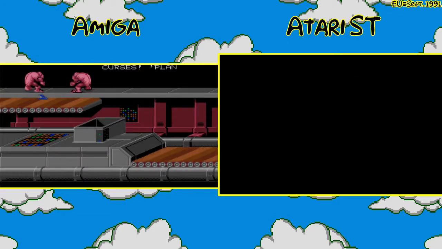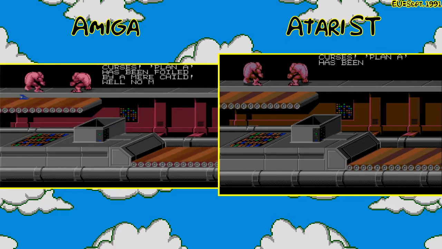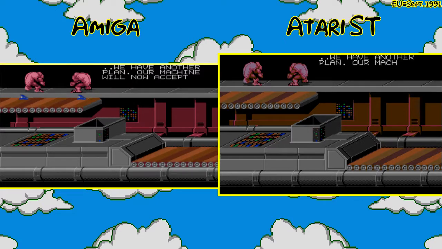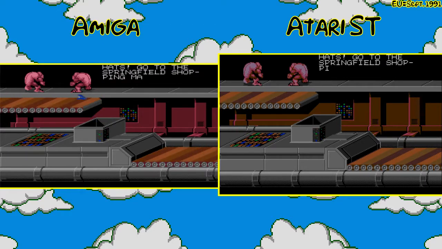There's only one checkpoint that's actually different from the Amiga, as well as no wrong warps that you would find in the circuits, but I'll point those out as we go. Entering the mall, everything is the exact same thing.